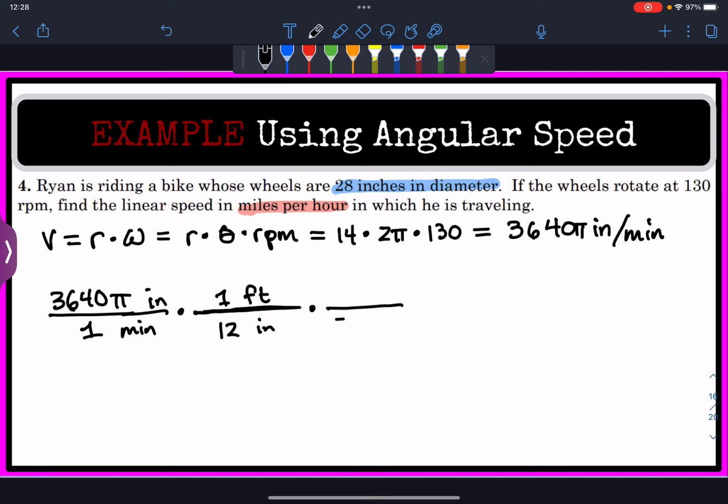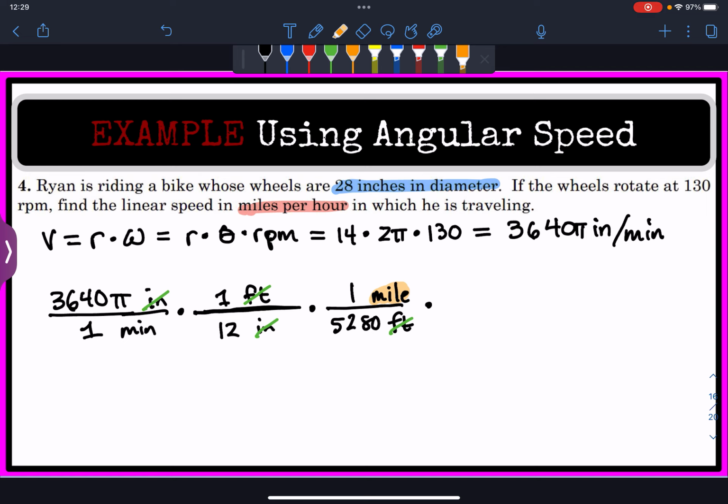And there are 5,280 feet in 1 mile. Okay. So with that, I can get rid of the inches. The inches cancel each other out. Now the feet cancel each other out. And now my answer is in miles. So the unit is now converted into miles.